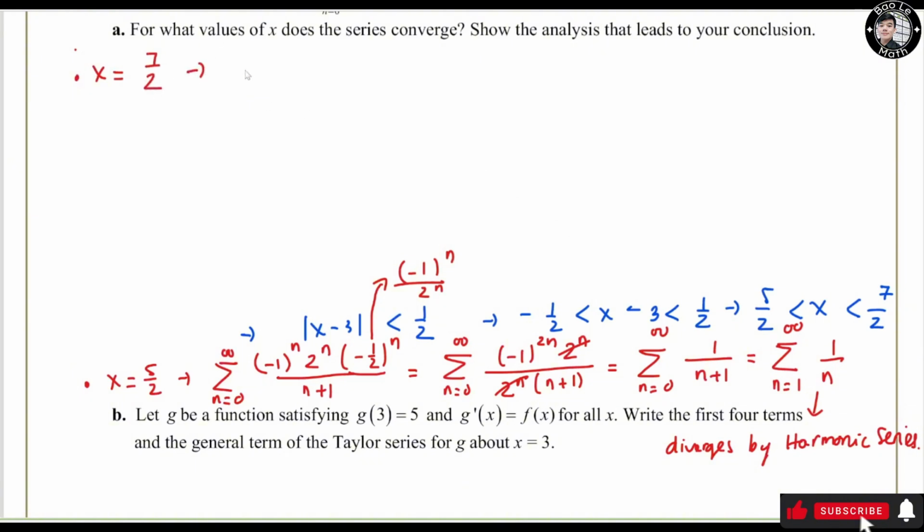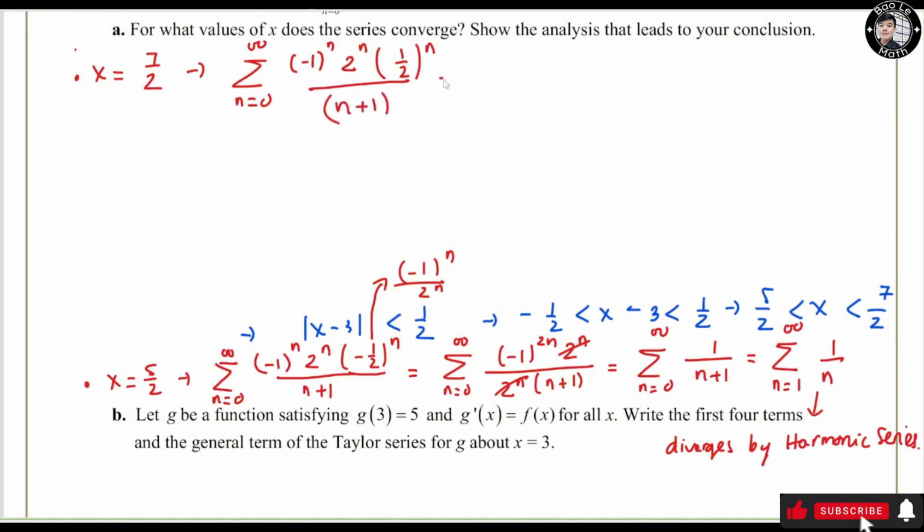Then the series becomes the sum from n equals 0 to infinity of negative 1 raised to the n times 2 raised to the n times, 7 over 2 subtract 3 is going to be 1/2, raised to the n over n plus 1.